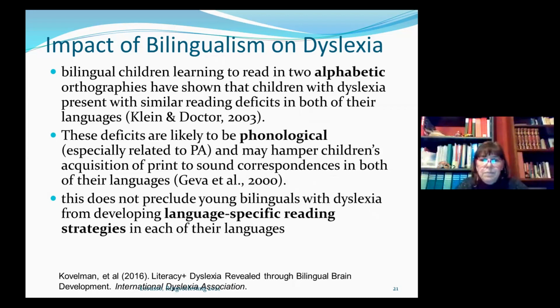This, however, does not preclude bilingual children with dyslexia from developing language-specific reading strategies to face the difficulties that are linked with reading in each of the two languages.